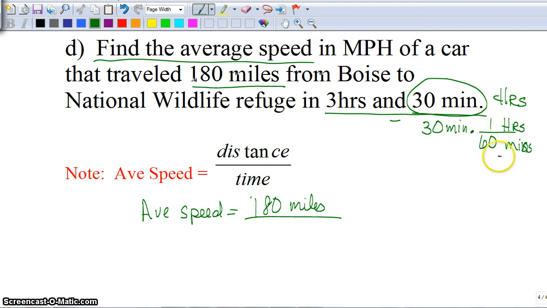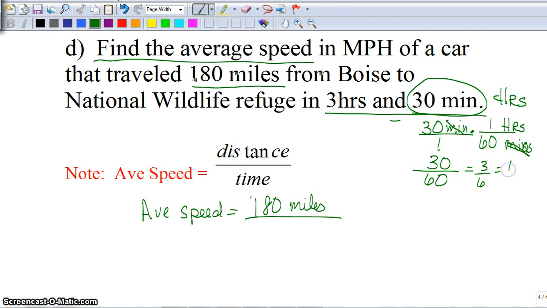So now when I look at this, okay, minutes are going to cancel. So I have 30 times 1 over 60. Oh, can I simplify that? Okay, well, I know it'll simplify down to 3/6.